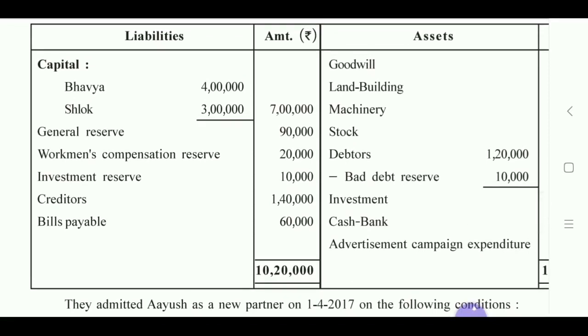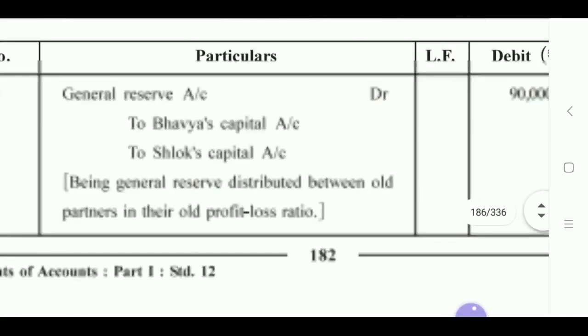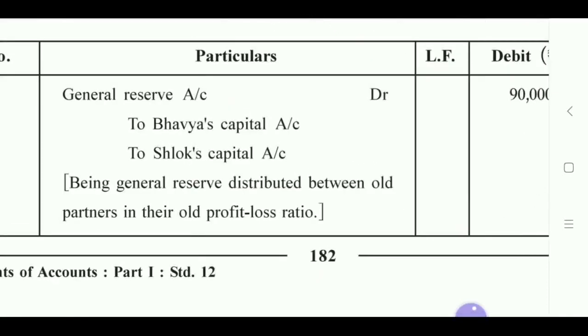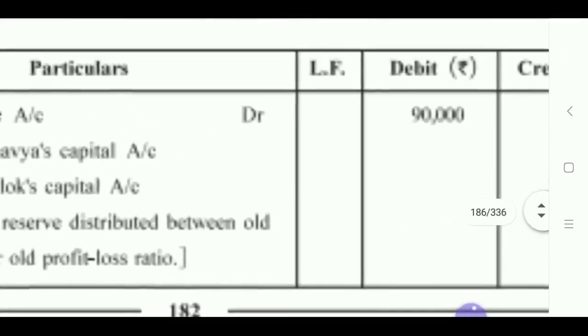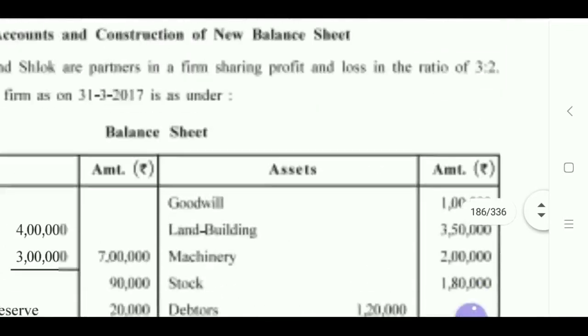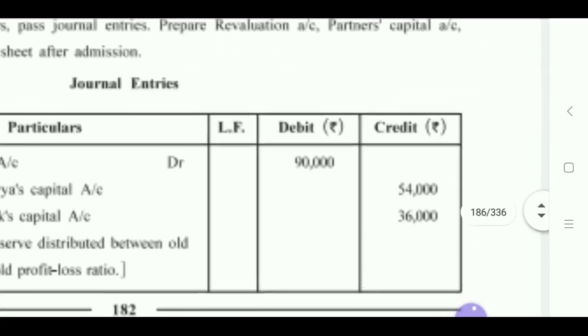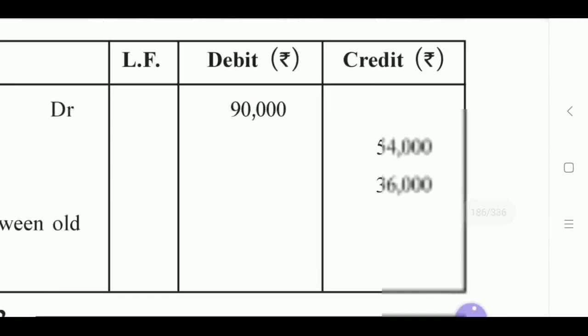Let us check. You can see general reserve account debit to Bhavya's capital account, to Shlok's capital account, 90,000 in the old ratio. What is the old ratio? 3:2. 90,000 has been distributed in 3:2 here.